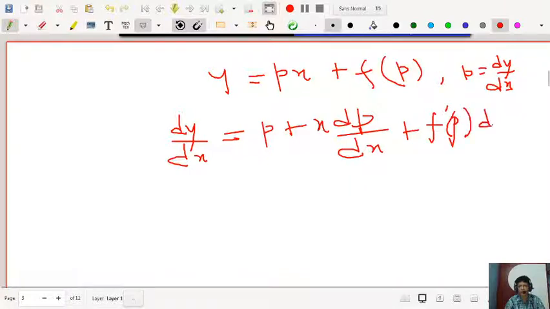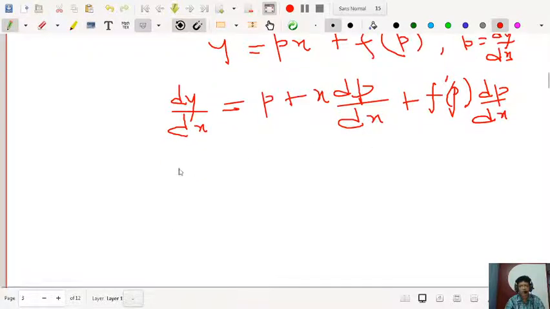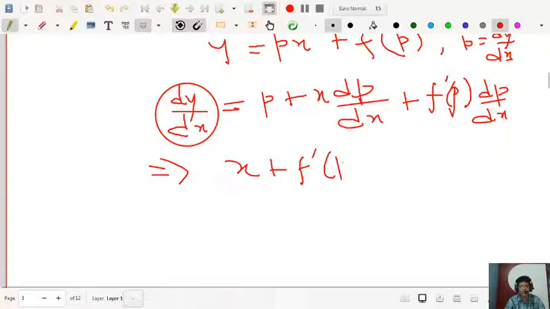Differentiating with respect to x, dy/dx equals p plus x dp/dx plus f dash p dp/dx. Now this is also your p, so this p cancels with that p, and the remaining equation after calculation is x plus f dash p into dp/dx equal to 0.